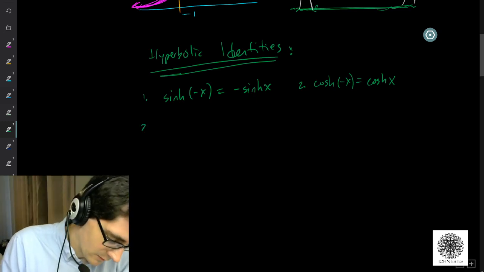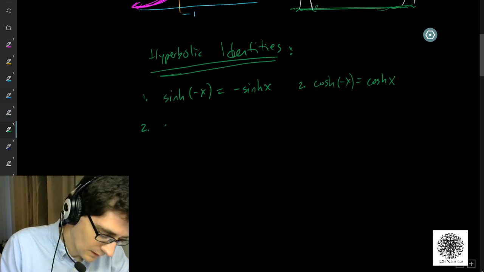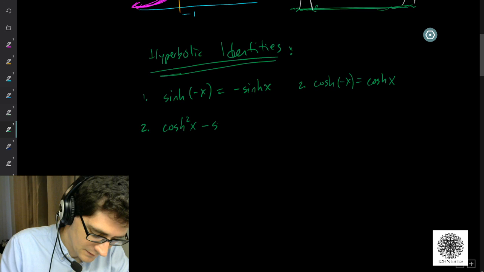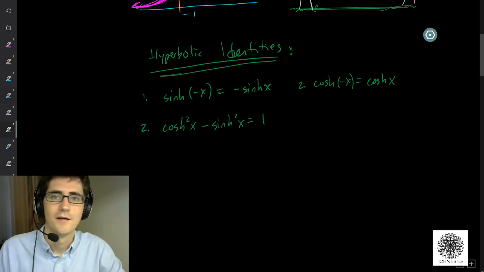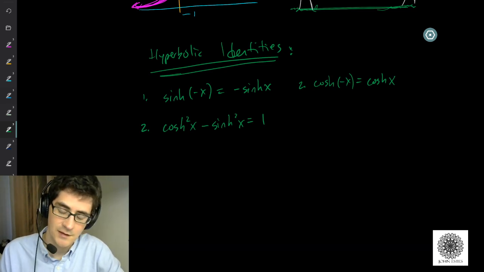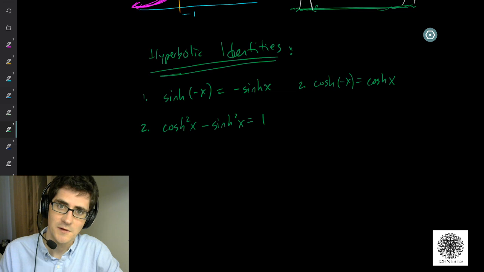Now, we don't get the Pythagorean identity, but we get something very similar. Cosh squared x minus sinh squared x equals 1. So in trigonometry, cosine squared theta plus sine squared theta always equals 1. In the hyperbolic world, it's subtraction.